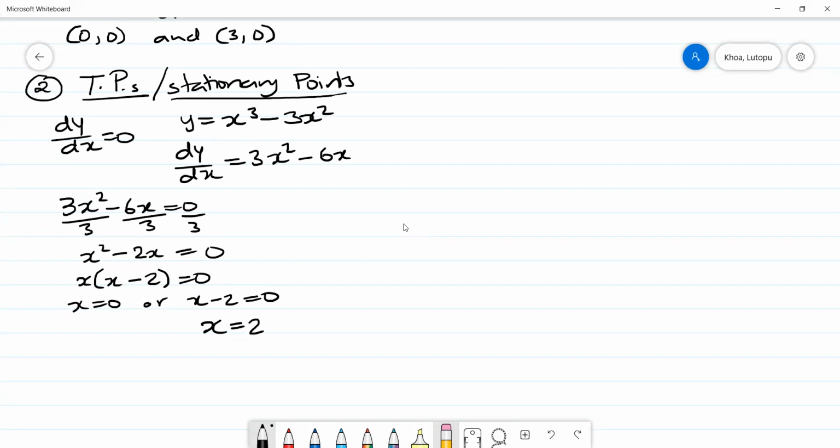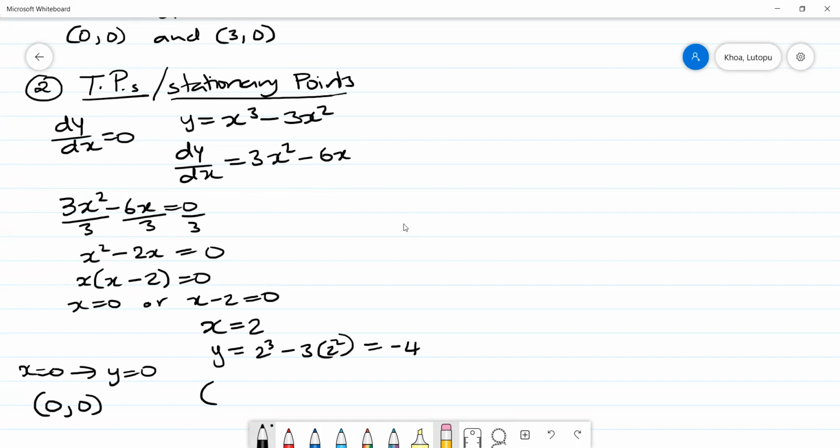Now for each of these, we need to find the corresponding y coordinate. If x is 0, we already know that y is 0, so our first turning point is the origin. If x is 2, y is equal to 2 cubed minus 3 times 2 squared, and this gives us negative 4. So our second turning point is (2, -4). That is step number 2.